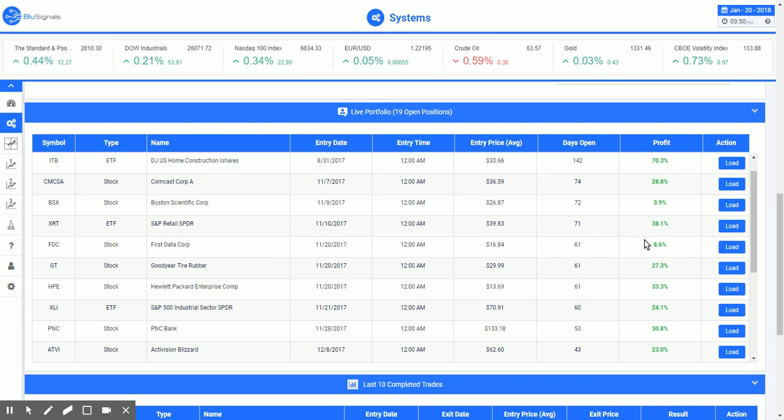Take these gains, compound them into larger position sizes now that your equity balance in your brokerage account has appreciated, and then compound those gains. As you can see, here's kind of the sweet spot of about 60 days. It's a given holding period here.